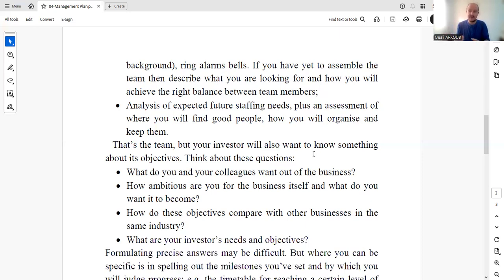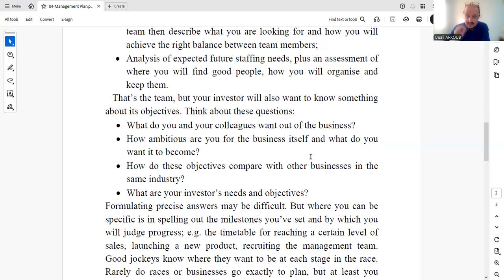In the management plan, you must also consider the needs and objectives of your investors, who play the most important role in financing your project, startup, service or product.